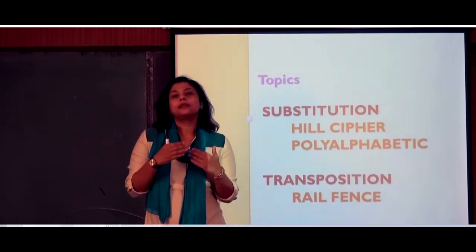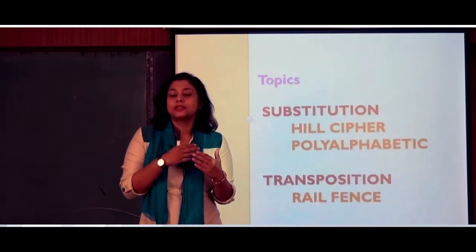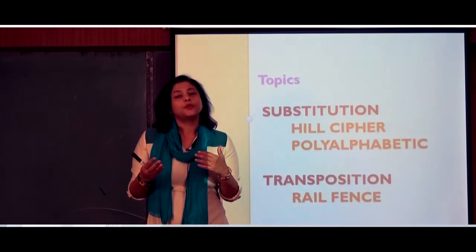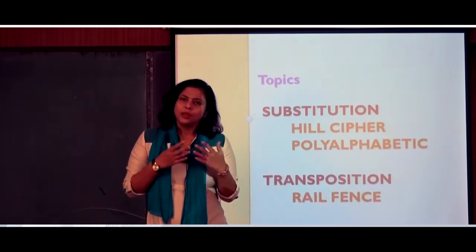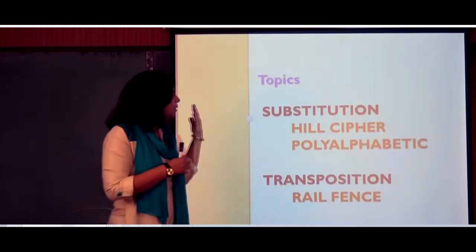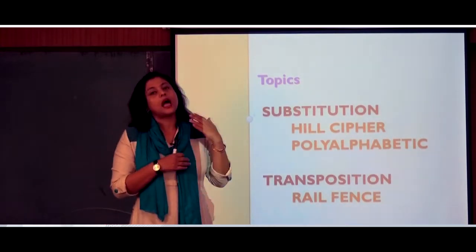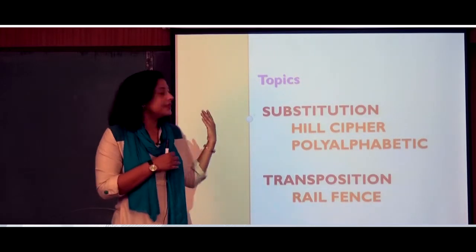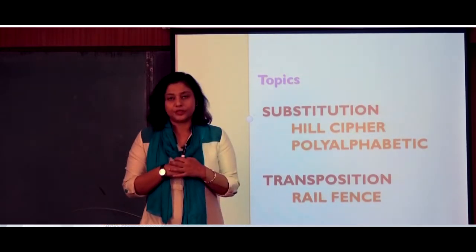Like if we have a plaintext X, in place of plaintext X, we can transmit plaintext Z based on some algorithm. So the algorithms which we are going to study under substitution techniques are Hill cipher and polyalphabetic cipher.